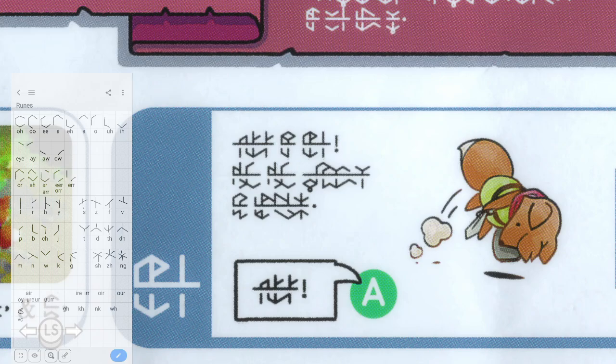Press to roll. Say. But very. Ah, that is very. Okay, I guess it is both of those.